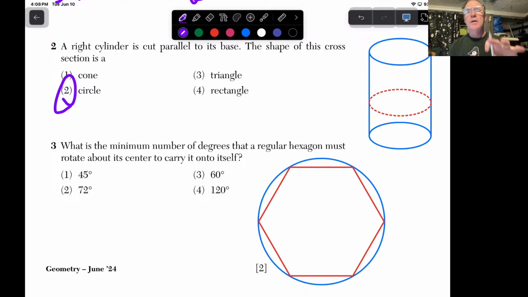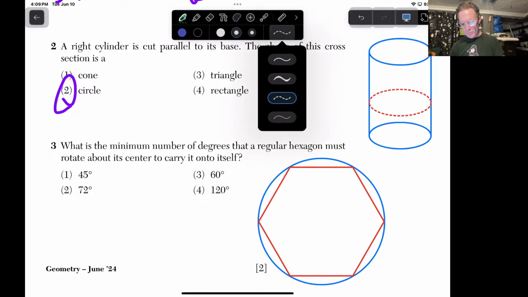So if we think about rotations, I generally think about a circle, right? A circle has 360 degrees. So if this thing wants to be onto itself, what I need is basically, say, this corner here would map onto this corner or onto this corner, right? So how many degrees is that? Let's go ahead and draw in the diagonals because that's going to help me.